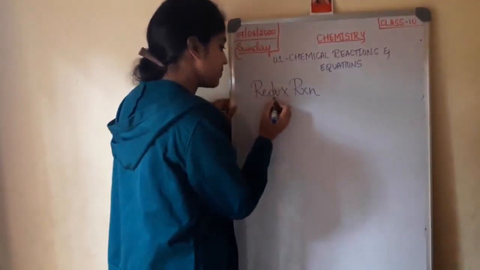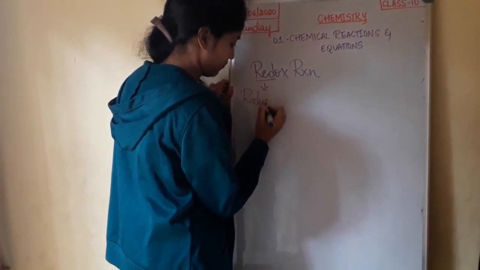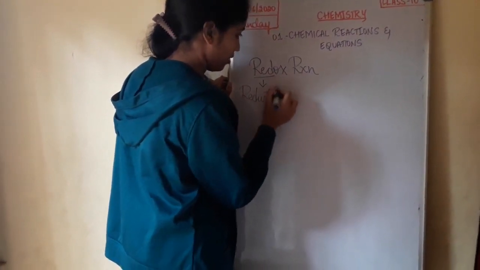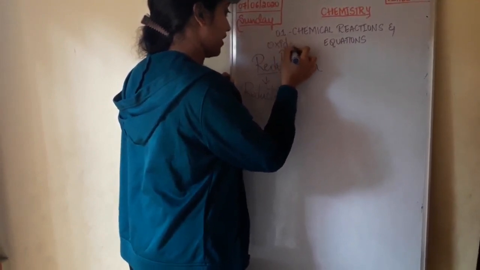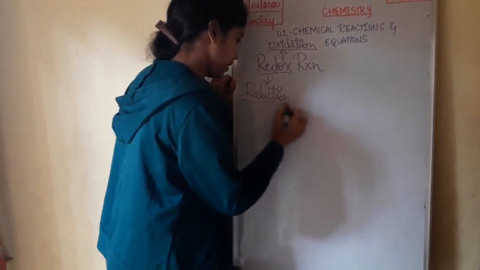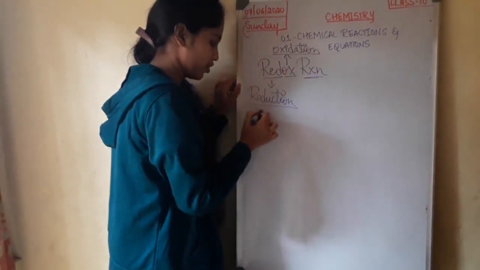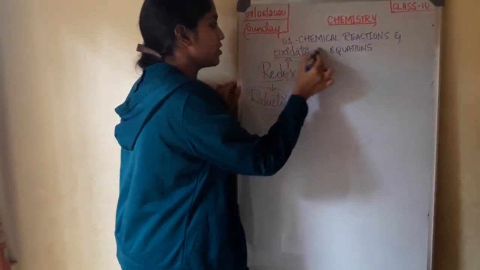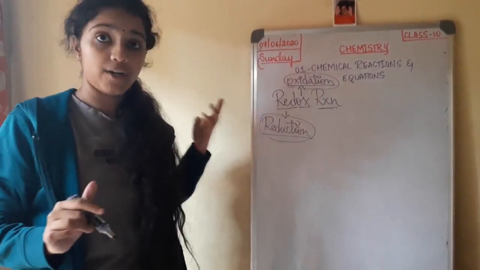See, as you can observe, red is reduction and ox is oxidation. A reaction in which both reduction and oxidation occurs is called the redox reaction.